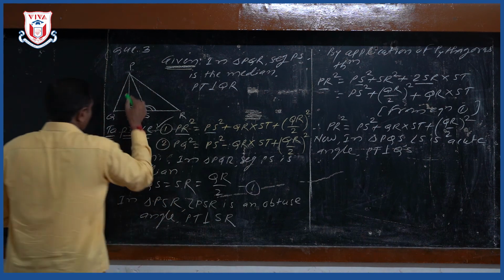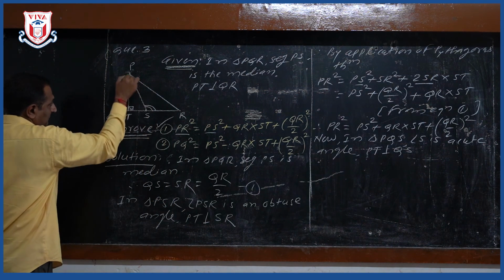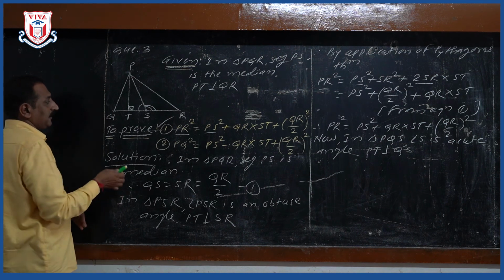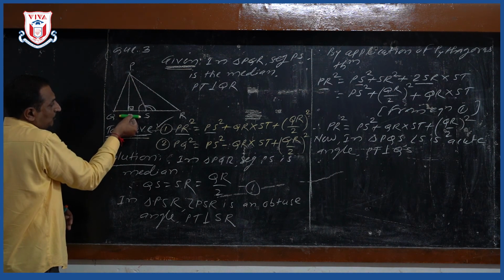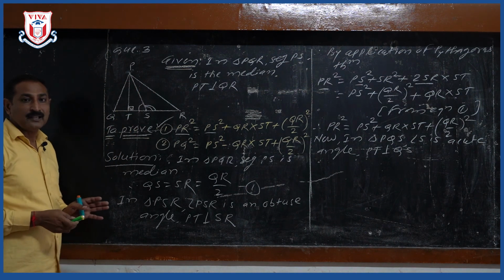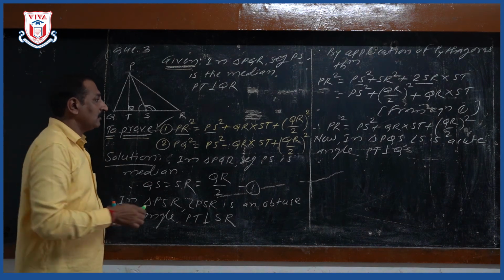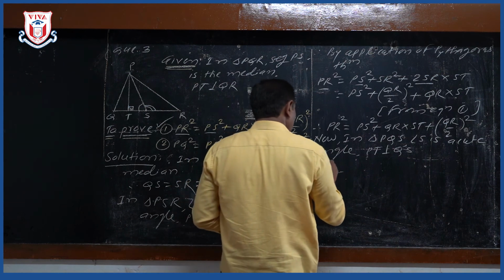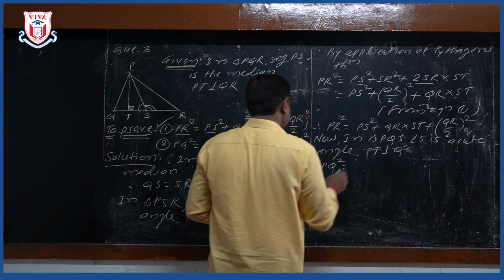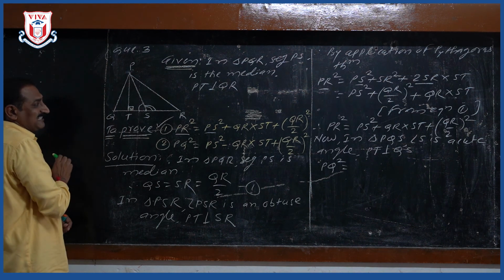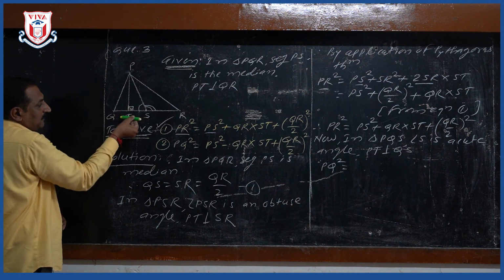Here in this triangle PQS, angle S is an acute angle less than 90 degree, and PT perpendicular to QS. By application of Pythagoras theorem, when the angle is acute angle, then you write this PQ square, side opposite to acute angle, PQ square, is equal to PS square plus QS square.